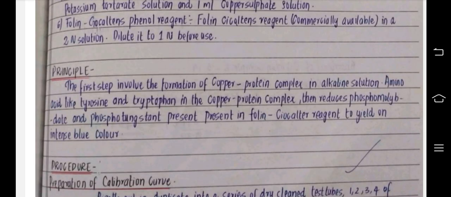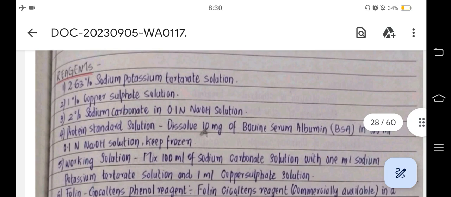Principle. Once again, the reagents: 2.63% sodium potassium tartrate solution, 1% copper sulfate solution, 2% sodium carbonate in 0.1 normal NaOH solution. Protein standard solution: dissolve 100 mg of bovine serum albumin or BSA in 100 ml of 0.1 normal NaOH solution, keep frozen.